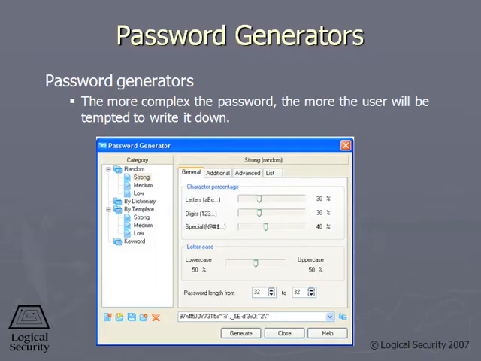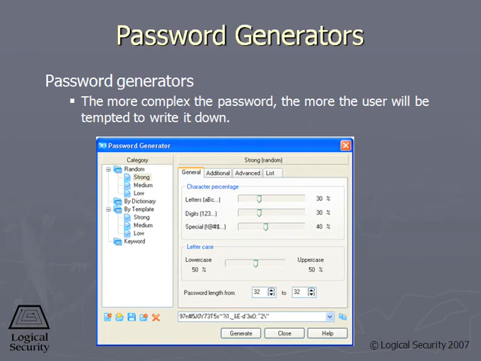So one way you can try to enforce that your users use more complex passwords is to have a password generator. And this is actually a piece of software that will generate a complex password. You set how many letters and if you want upper and lower and symbols and all that, and it's going to generate a complex password. But the downfall is that people who have complex passwords, what are they going to do?